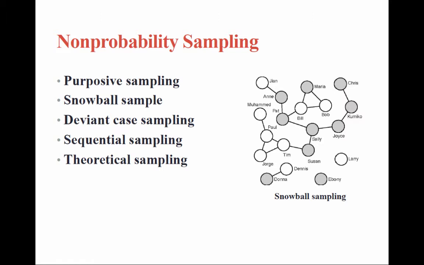Within qualitative research, where I'm not trying to get a representative sample, within non-probability sampling I have purposive sampling, snowball samples, deviant case sampling, sequential sampling, and theoretical sampling.